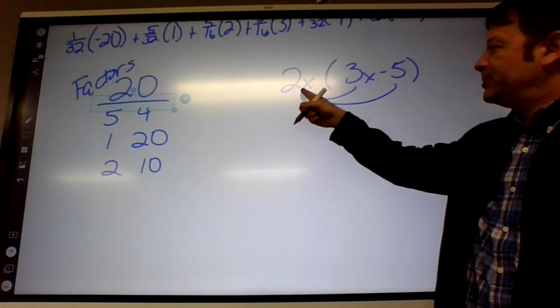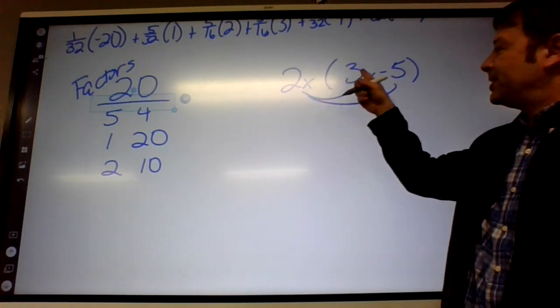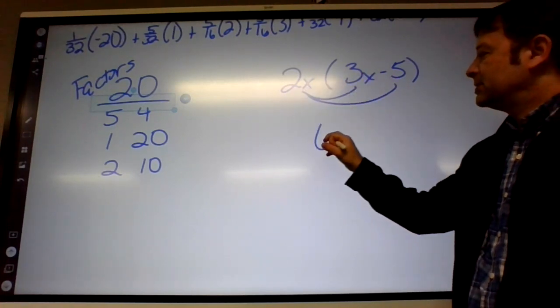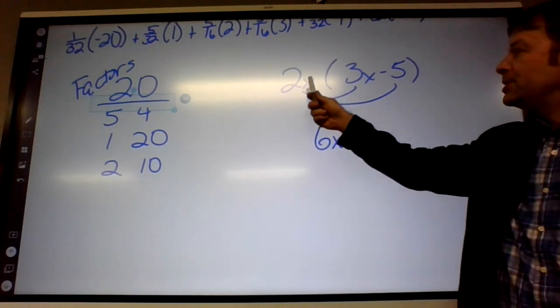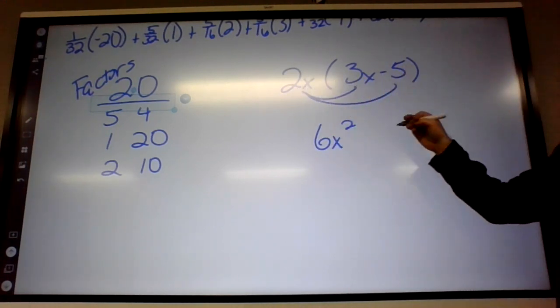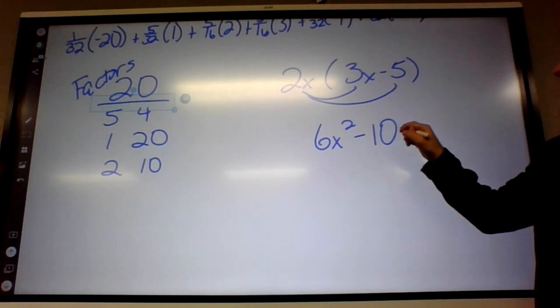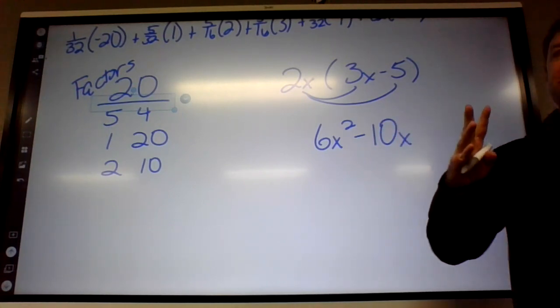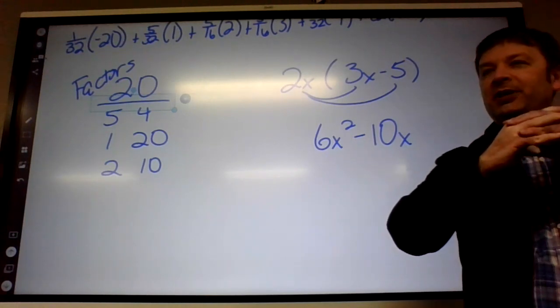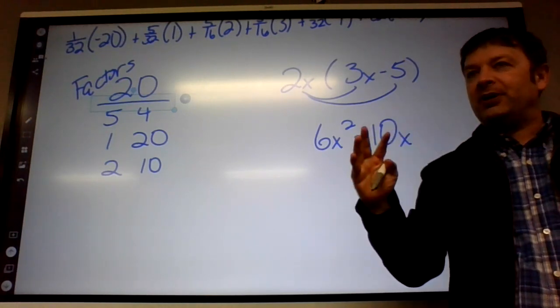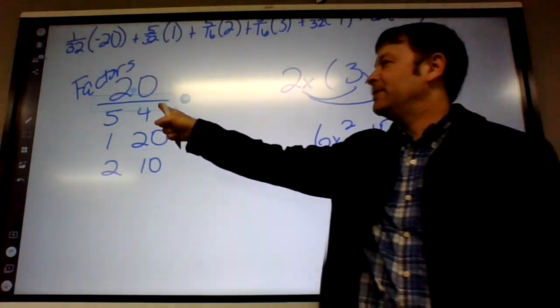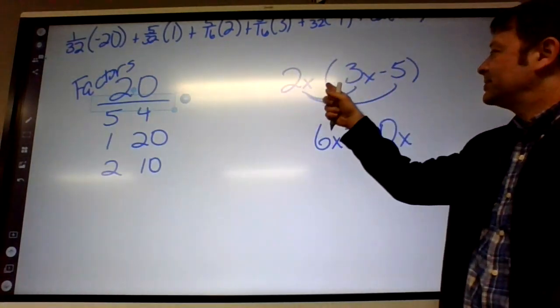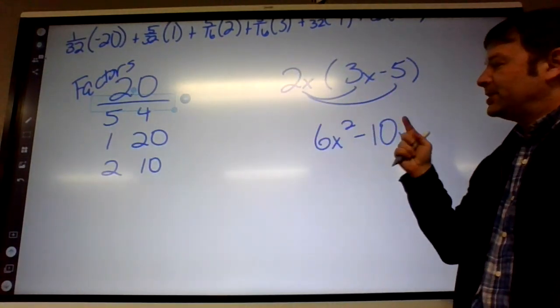So there's a little bit of this on that test, right? 2x times 3x is 6x squared. 2x times minus 5. That's called the distributive property, when you multiply it together. What we're doing in this chapter, though, is breaking it apart into its factors, like what multiplies into this.